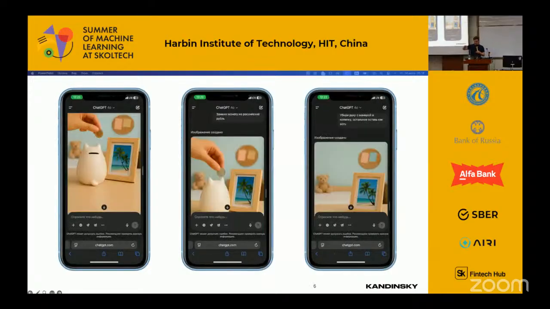Then you may invert this cat, add a coin, change the coin from euro to ruble, and so on. So you can treat an image like text, because you have a huge ability to change the image just using text. That's great, and this is really important.